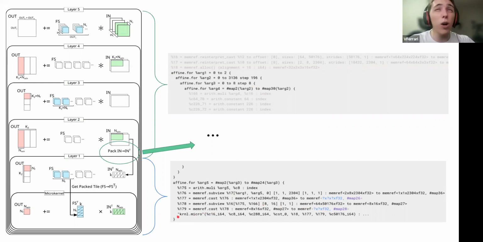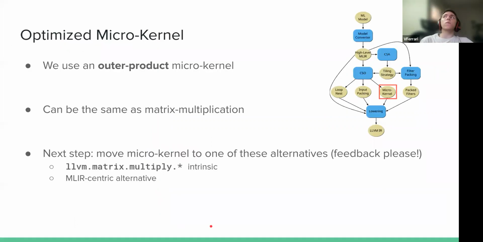So let's talk a little bit more about this microkernel, shall we? In our case, we use an outer product microkernel, which uses outer products to compute the convolution. I'm going to go into a little more detail about it in a bit. But the thing is, it actually can be the same as the matrix multiplication microkernel.